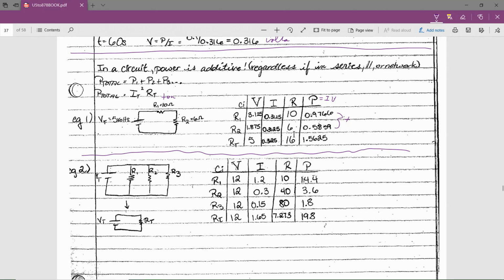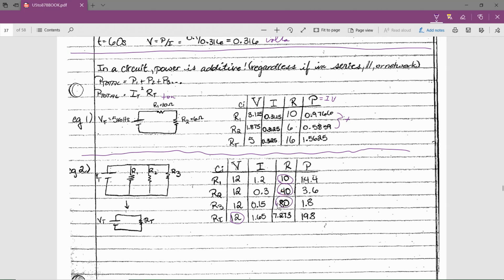Example 2 is a pure parallel case with one resistor in each branch. 12 is my given voltage, so that means there's 12 volts across each resistor 1, 2, and 3, and my resistances are 10, 40, and 80.